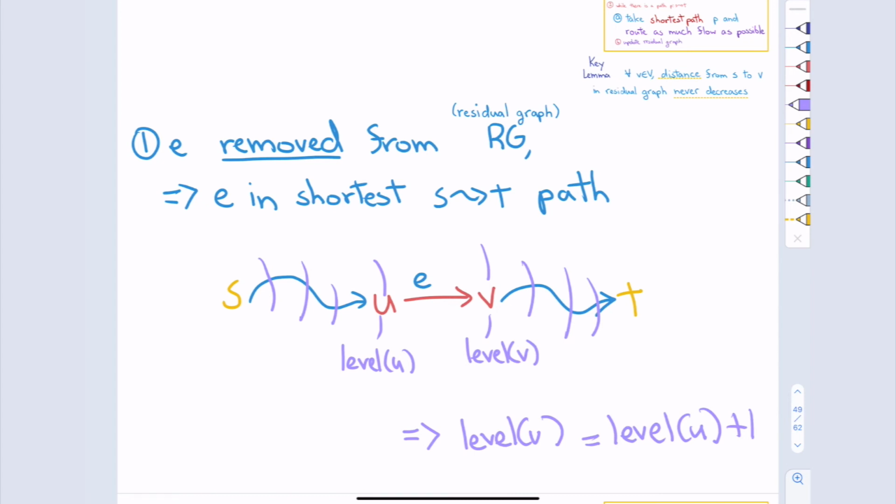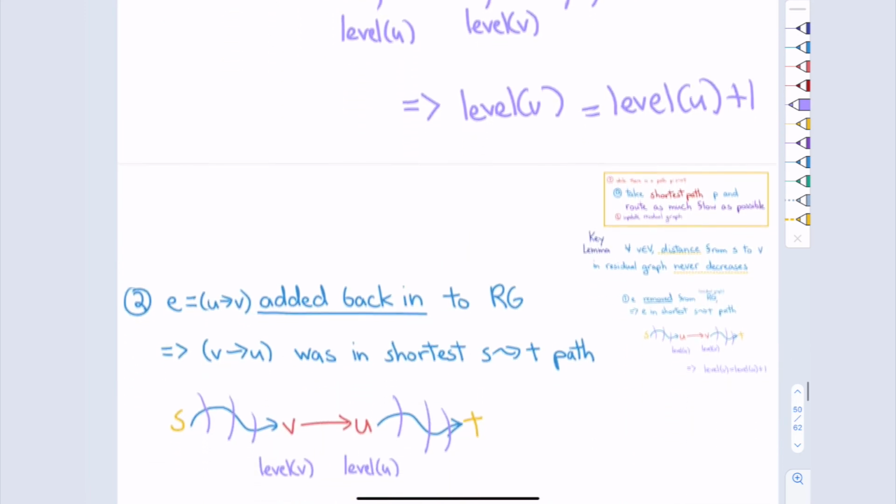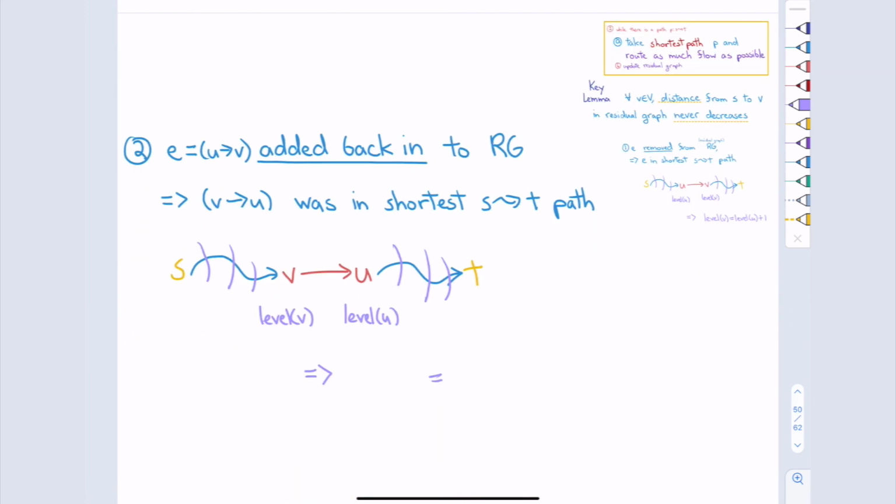Now, what happens when it reappears in the residual graph? It only reappears in a residual graph when previously I just sent flow in the opposite direction, which gave it more capacity. It went from capacity 0 to something positive. So the opposite direction had just appeared in the shortest S to T path.